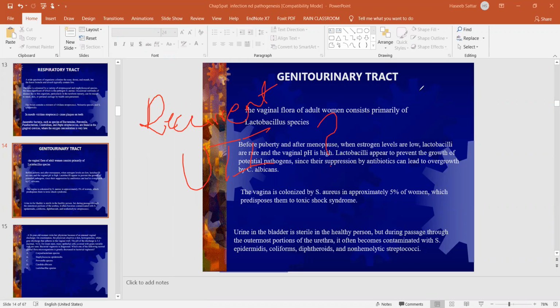The urethra is short. Any other reason? Maybe because of the condition, maybe it's kind of moist. No. Yes, it is caused by bacteria, but females suffer very much from these recurrent UTIs.